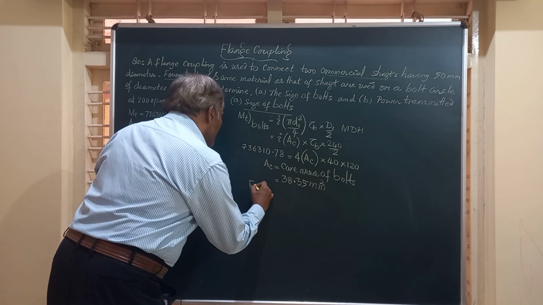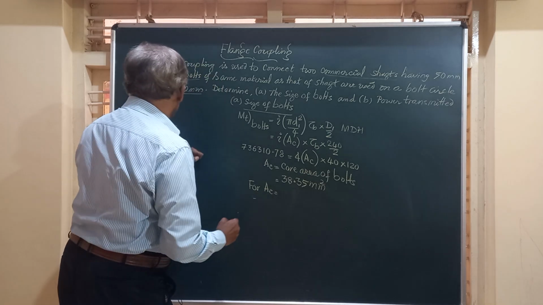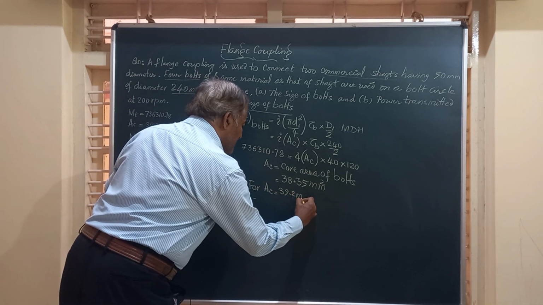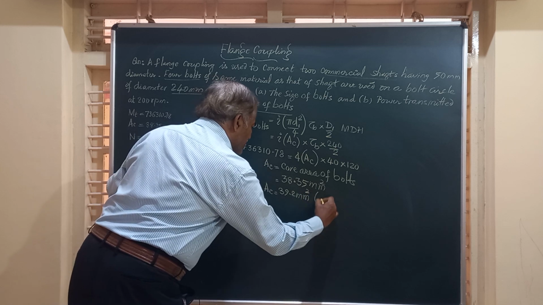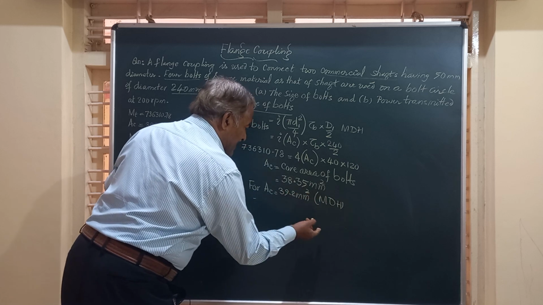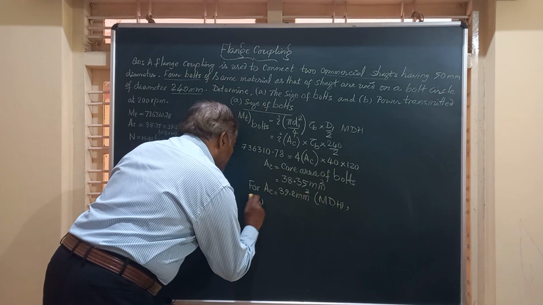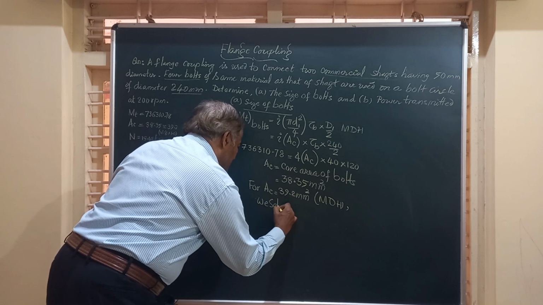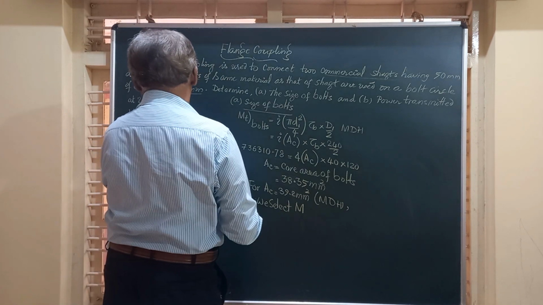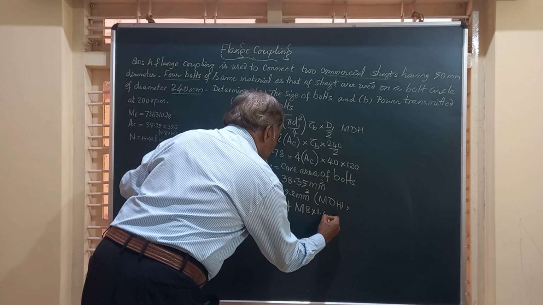That is, we see the handbook for Ac equal to 39.2, which is a standard value available in the data handbook, MDH. A value equal to this or greater than that, we select M8 into 1.0 bolts.